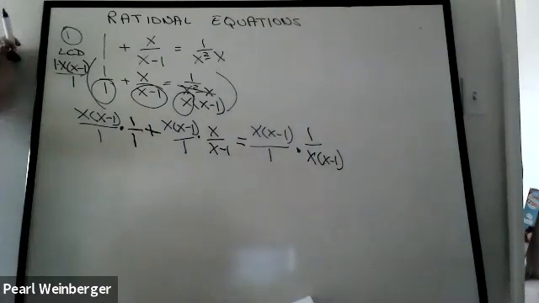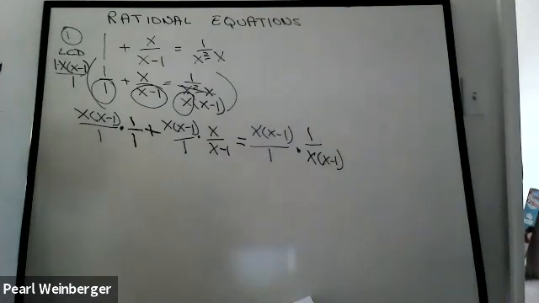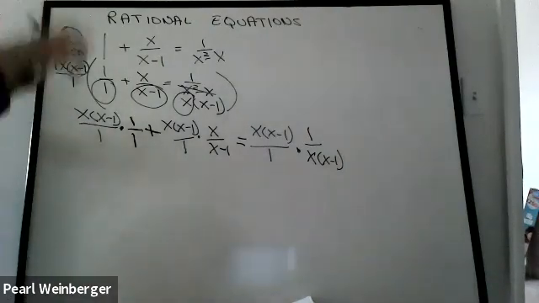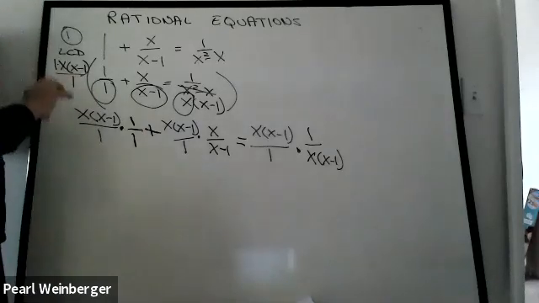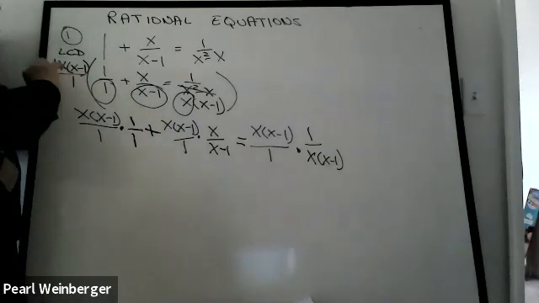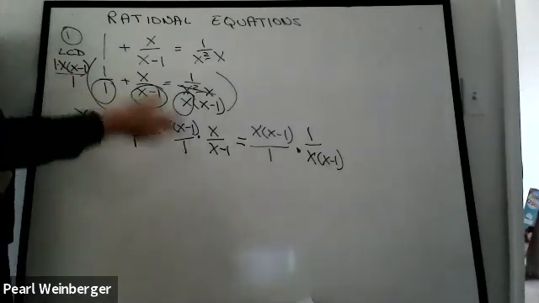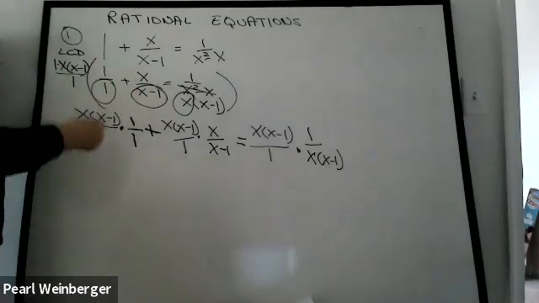I know it takes a lot of time to rewrite it, but if you don't rewrite it, then it turns out that you have a very big jumble. This way, it's a little bit easier to deal with. Okay, and what we're looking for is to see if we can simplify by canceling out anything in the numerator with anything in the denominator.